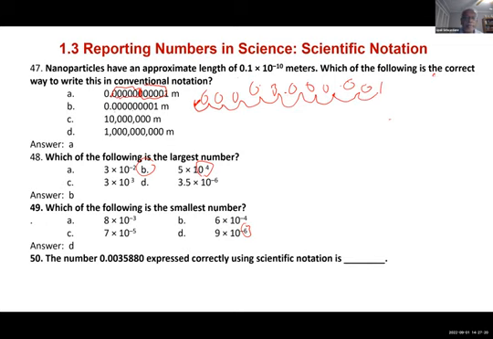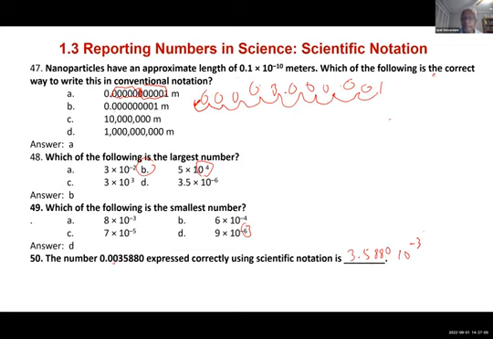Okay, this is an easy one. When you move the decimal place 1, 2, 3, that is 10 to the negative 3. So you write down 3.580. That's the answer.